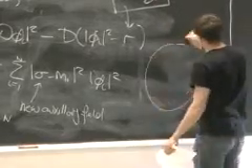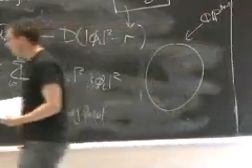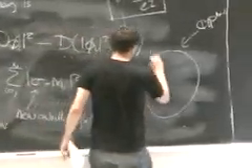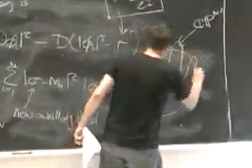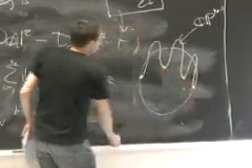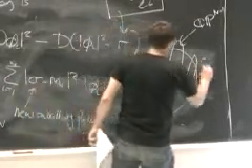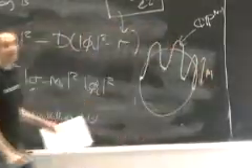So if this is CP^N, or CP^(N-1), then what this term has done for you is put on a potential with precisely n zeros. And the height of this potential is related to the masses.